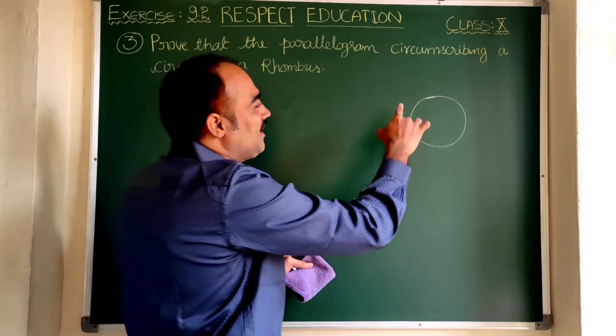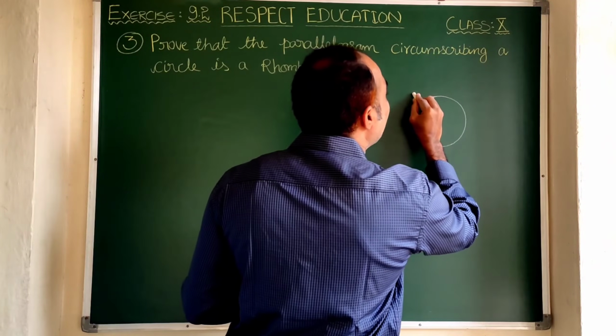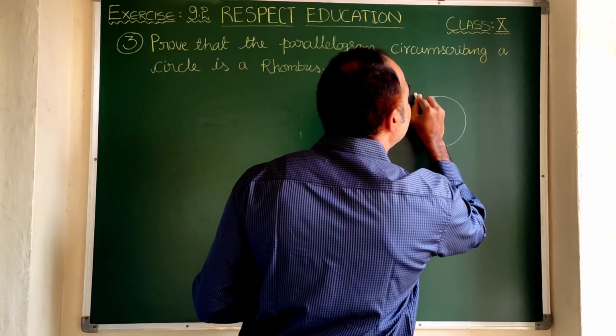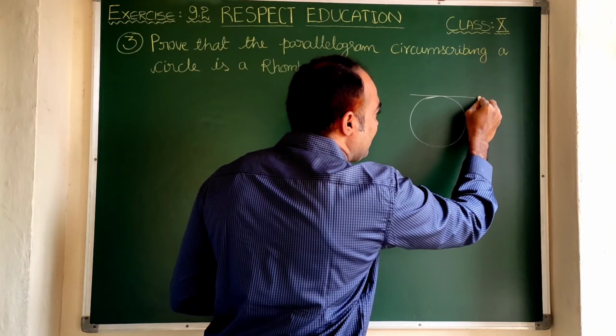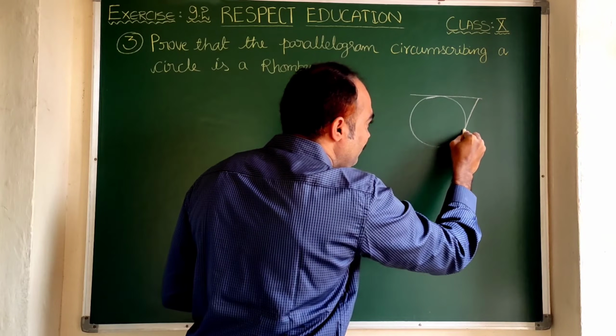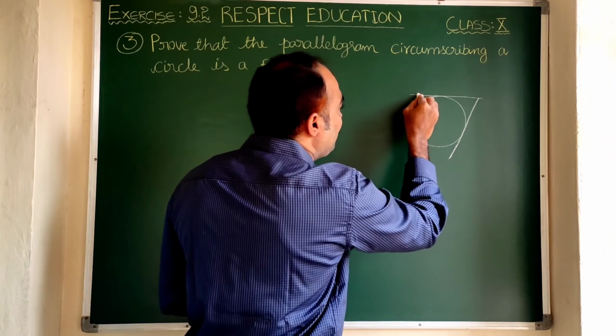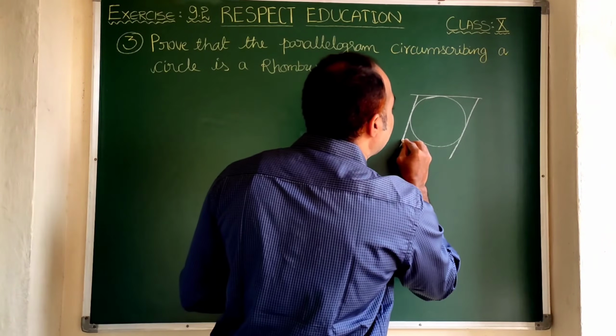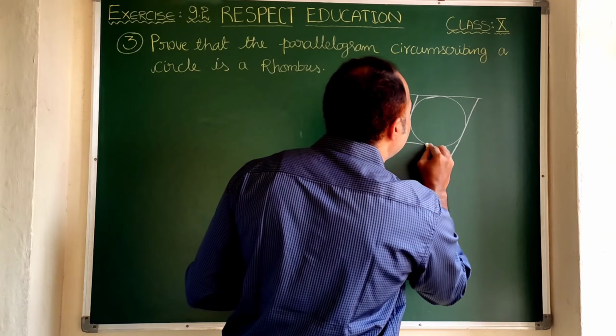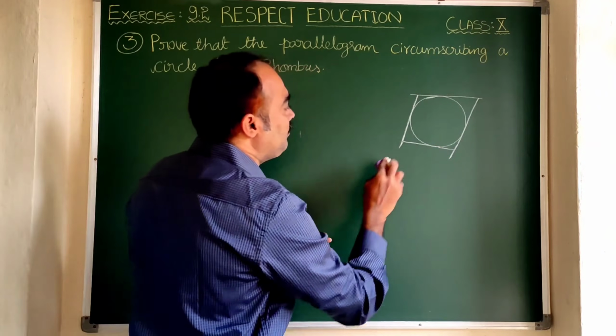Means here the parallelogram should come outside of this. So here you can take this as one of the sides of the parallelogram, and here this is the other side, right? And you can take this as another side, and here it can be taken as the other side. Whereas you have to take care that opposite sides are to be parallel also.